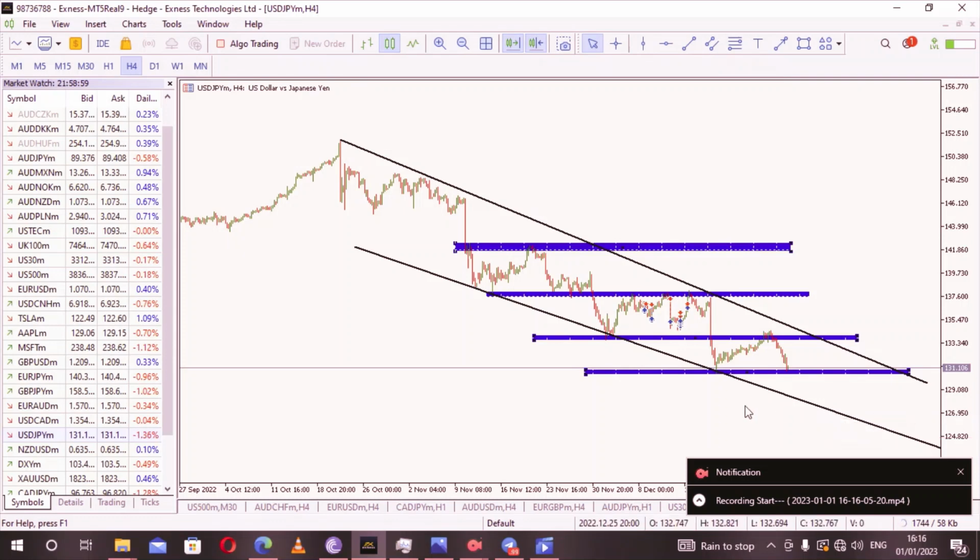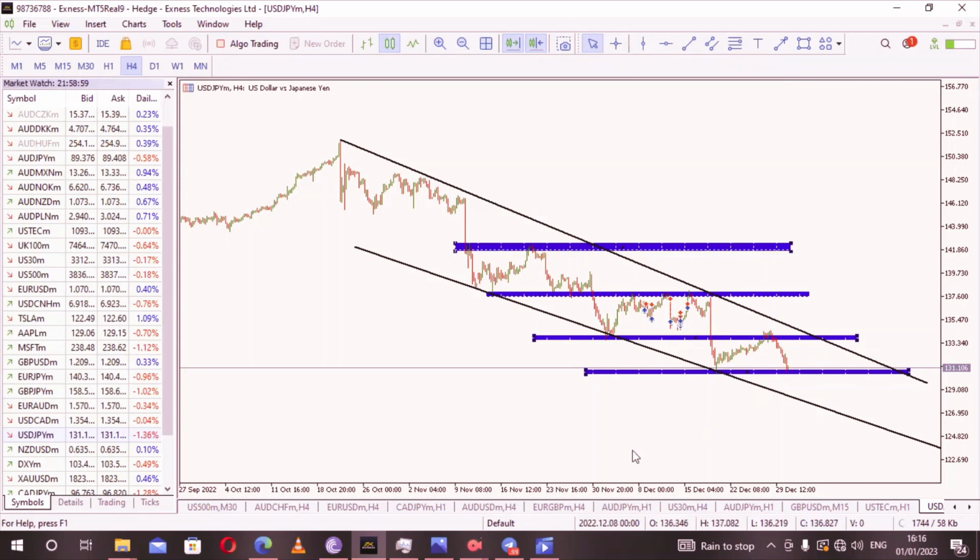The points that I have marked out here are our key areas, because in a downtrend like this, the market moves in these kinds of ways. We have higher lows and lower highs. All right, so as it keeps on moving in these waves, it creates all these supply and demand zones.